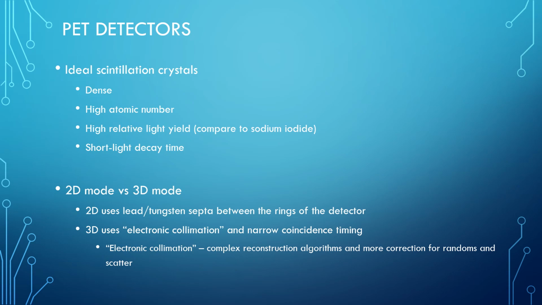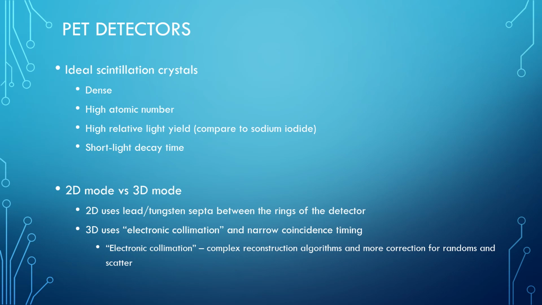PET detectors can either do 2D or 3D mode. 2D uses lead tungsten septa that retract or extend between the rings of the detector. With 2D, it will be less sensitive.